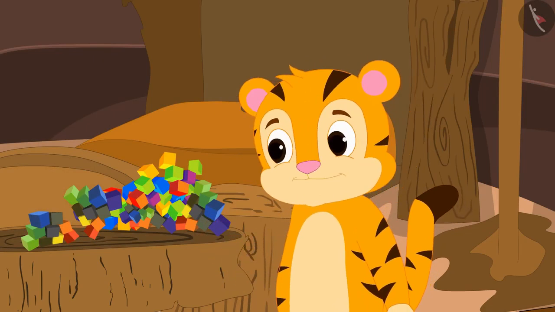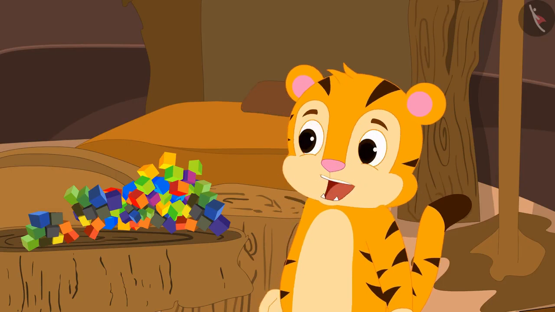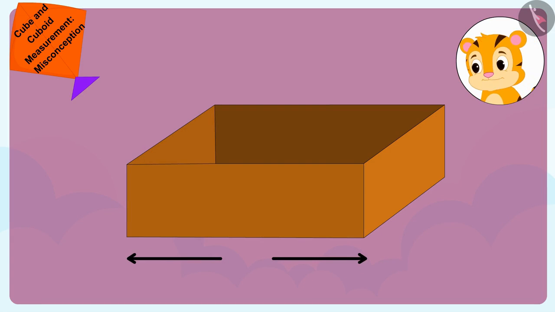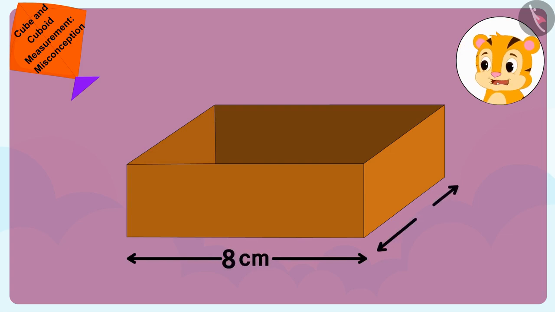It is not necessary that the volume of the cube shape is always less than the volume of the cuboid. See, the length of this cuboid shaped box is 8 centimeters and the width is 4 centimeters.